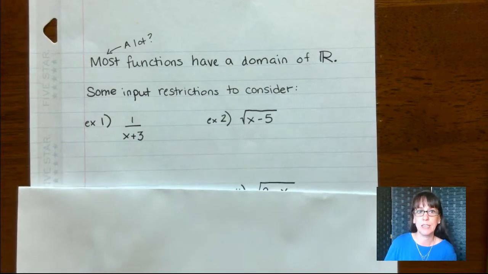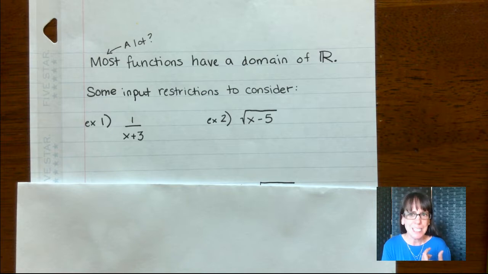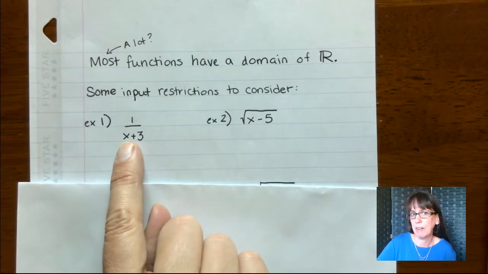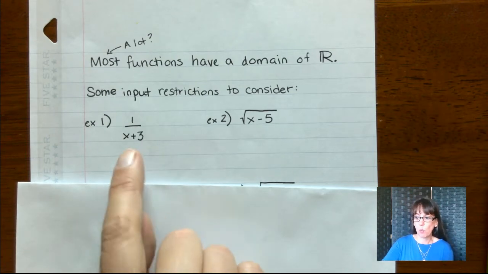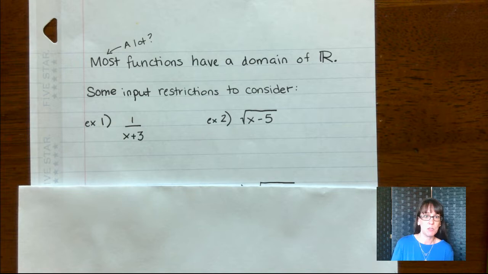That's undefined, right? But can I put in decimals? Yeah, I can put in 0.5 plus 3, which is 3.5, so 1 over 3.5. You can put in other fractions if you wanted, like 1/2 plus 3 would give you 3.5, so 1 over 3.5. So those are allowed. I can put in 0. The only thing that I have restricted is that I can't use -3.